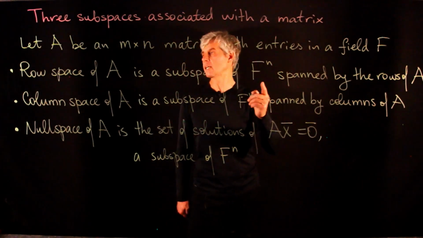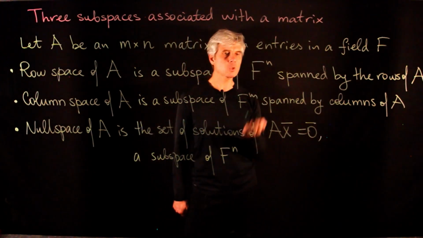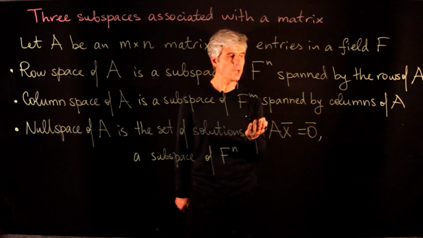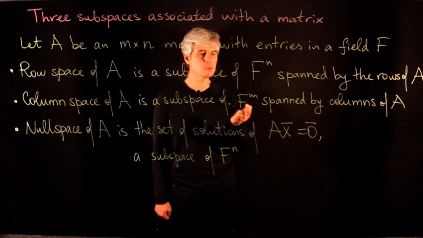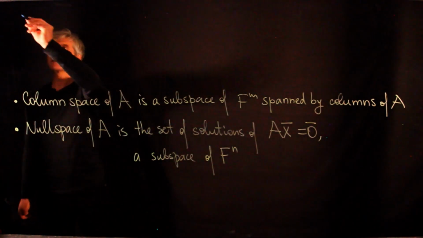What we see is that the row space and the null space are two subspaces in the same space. And if the matrix is not square, then the column space is a subspace in a different space, Fm. Let us state the following theorem.